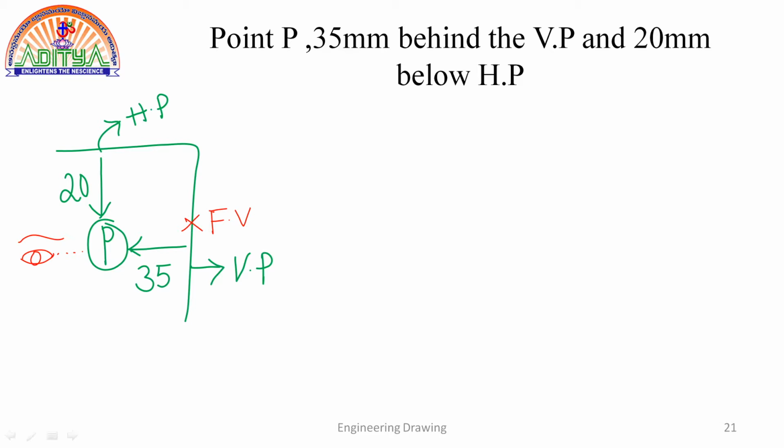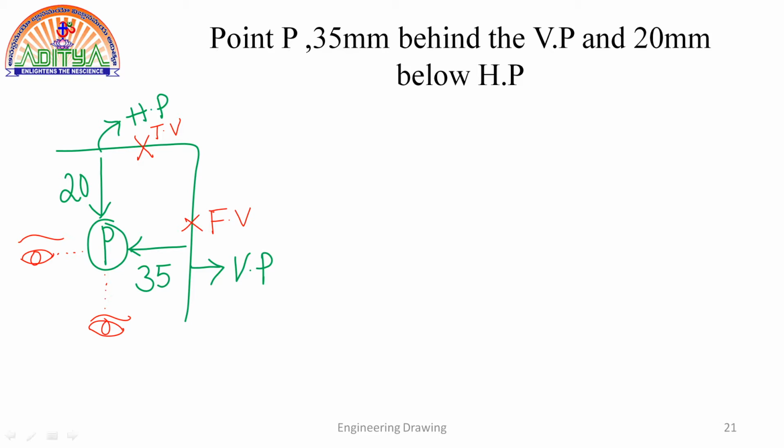Next, when you are seeing this point from the top view, where is the top view of the point projected? The top view of the point is projected on the horizontal plane. Clear? See, when you are seeing the point from the front view, the front view of P is projected on the vertical plane. Next, when you are seeing the point P from the top view, the top view of P is projected on the horizontal plane.